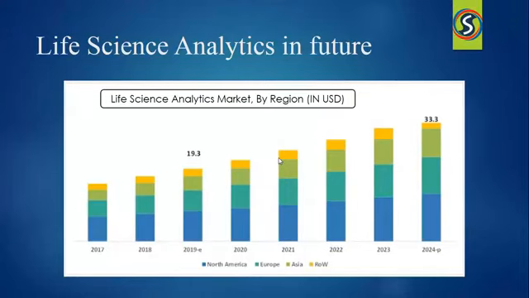This can be due to the high utilization of analytic solutions by the pharmaceutical and biotechnological companies. And we see in the graph that in the coming years it is going to increase. It is growing in all the regions. That is, we have North America in blue, Europe in green, Asia in parrot green, and rest of the world in yellow.